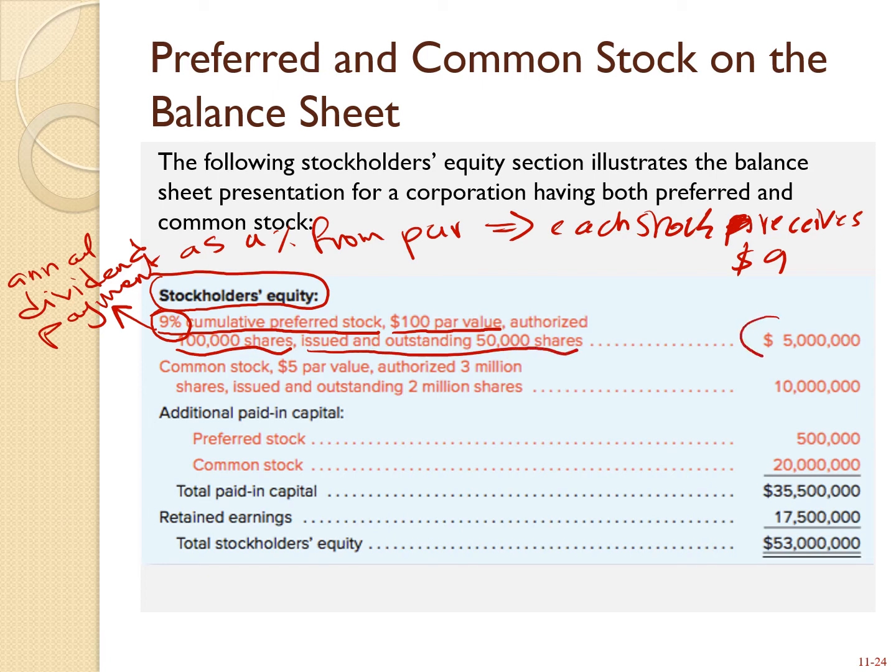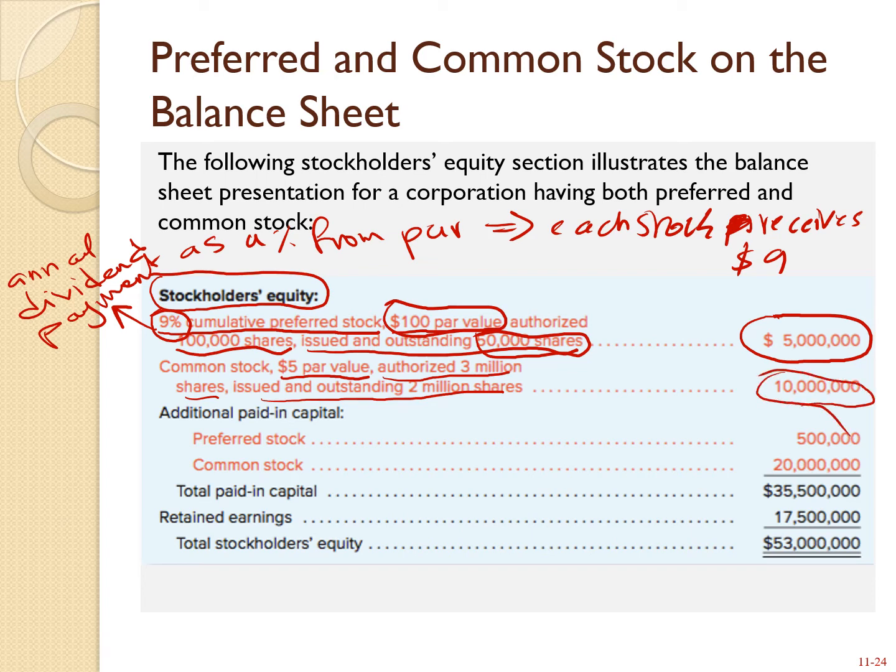So the total value under capital stock for preferred stocks is 100, which is the par, multiplied by 50,000 shares. And this is $5 million. Also under capital stock, common stock, $5 par value, authorized 3 million shares, and they only issued 2 million shares out of the 3. So this 10 million is basically the 2 million shares multiplied by the $5 par value.